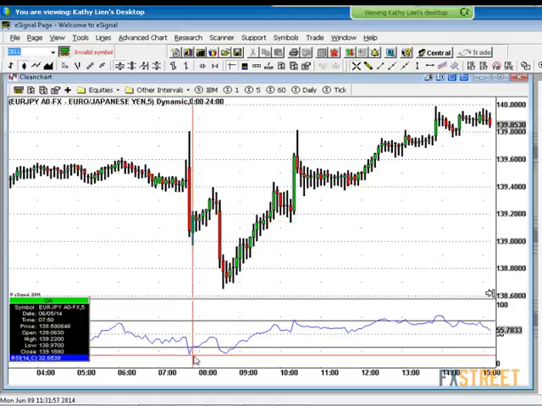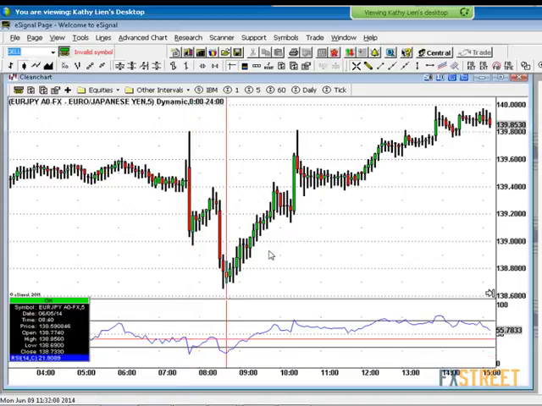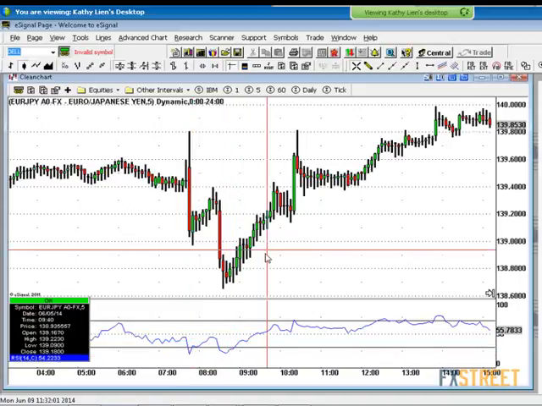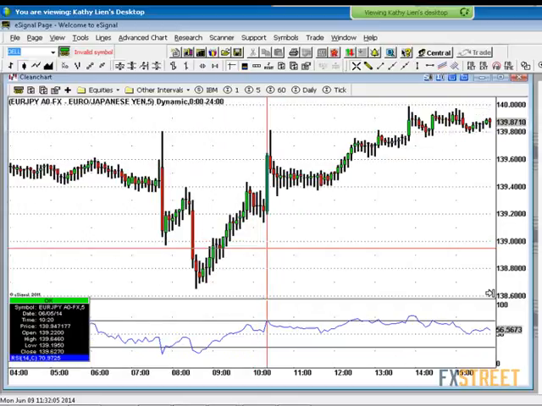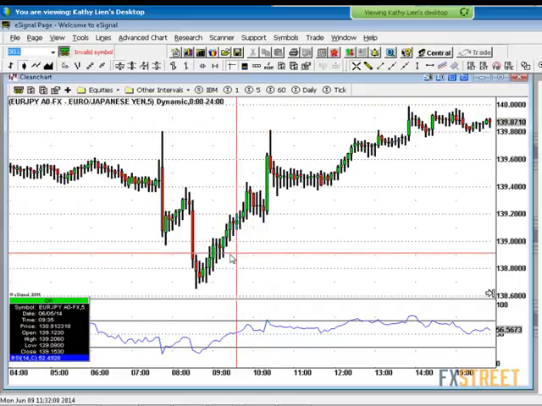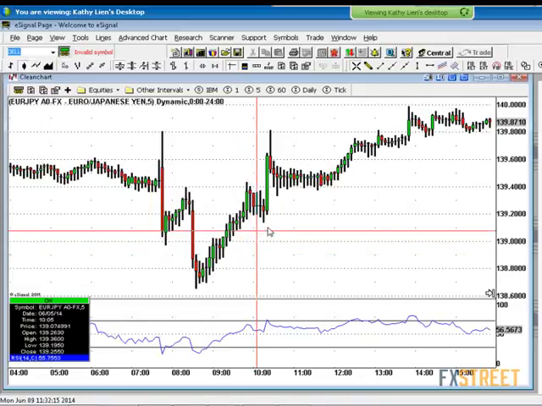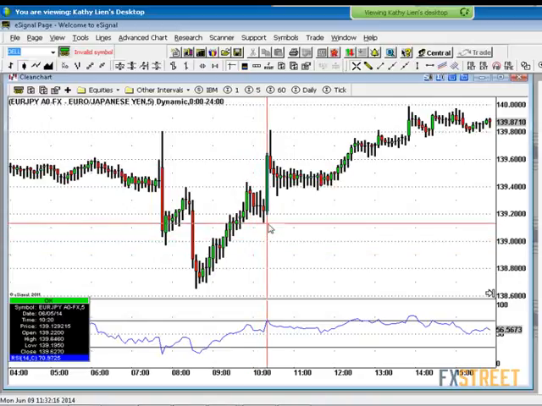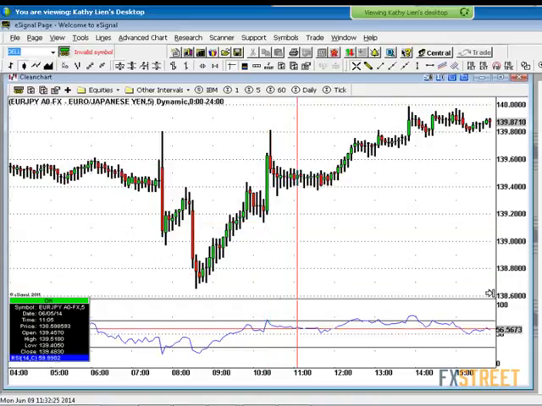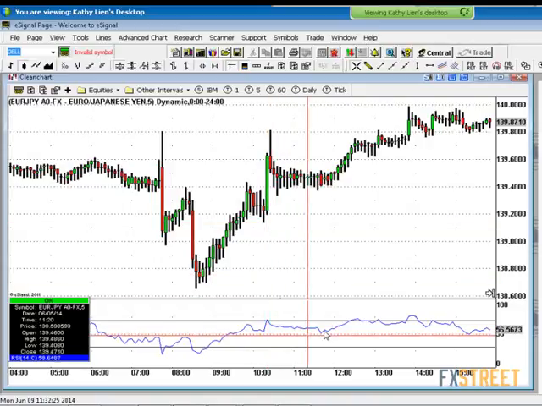The actual trade itself happened after Mario Draghi started to talk, and usually we start to look for our setups at 9:15. So nothing really happens. We watch euro yen rally, and we see that the RSI goes above 70, but just because it goes to 70 doesn't mean that it takes us into the trade. Then we see that the RSI dips a little bit, and this is where it goes back above.